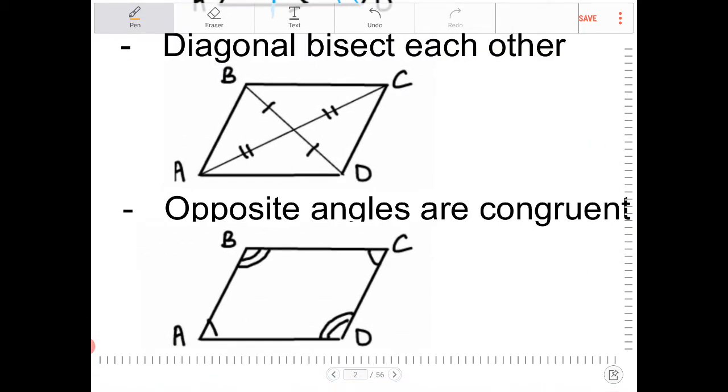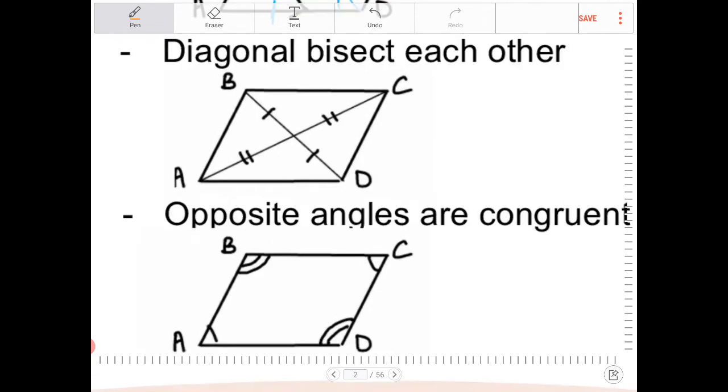Last, the last property is opposite angles are congruent. To do this, what I'm going to establish here is recognizing this fact.